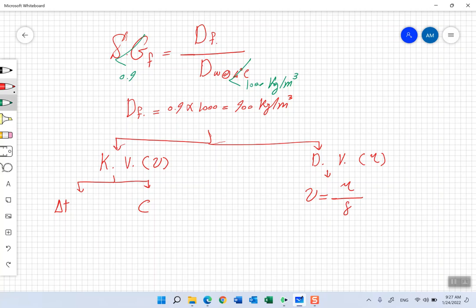So if we got the nu, which is the kinematic viscosity, and if we know the rho, or the density of the fluid, we can easily calculate the dynamic viscosity. And that's why it's called a secondary dimension, because if you have other dimensions, you can get the dynamic viscosity from these dimensions.